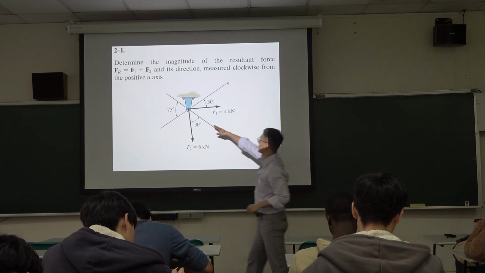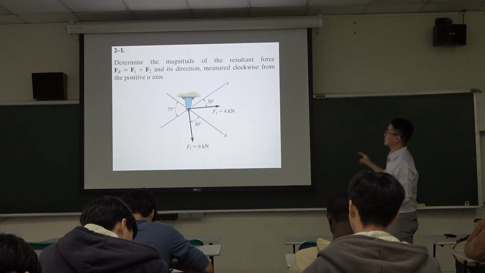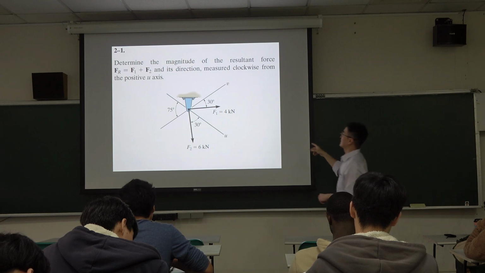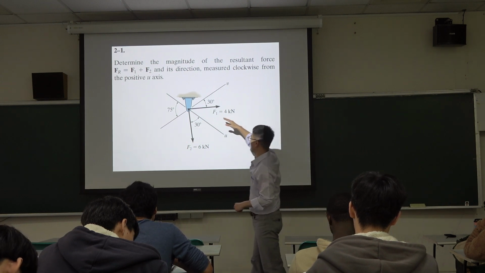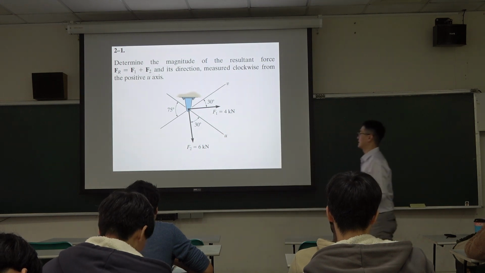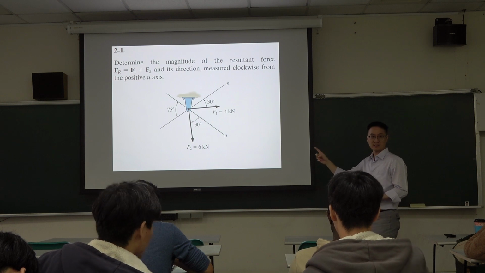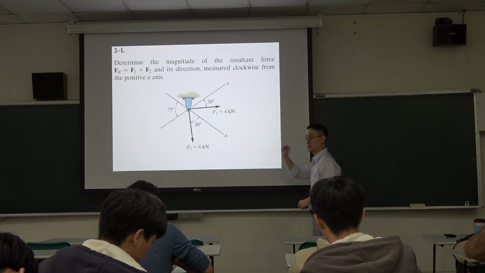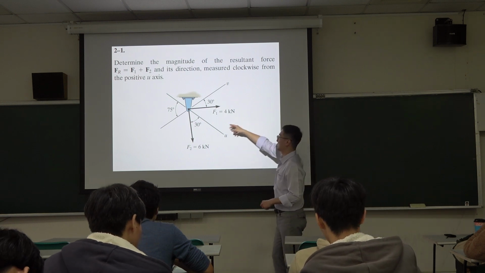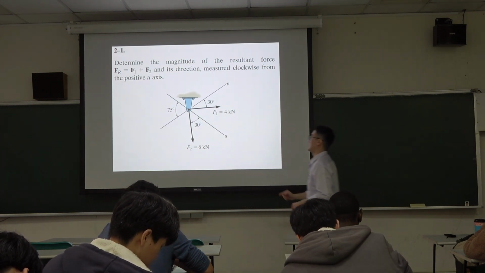Okay, the positive u-axis is here. We want to know the resultant direction, and this direction should be represented using the angle measured clockwise from the u-axis.